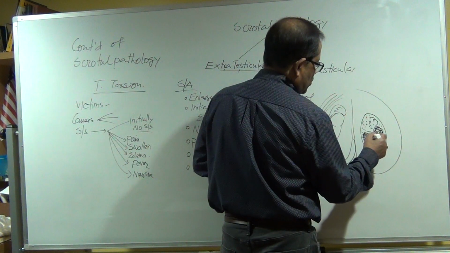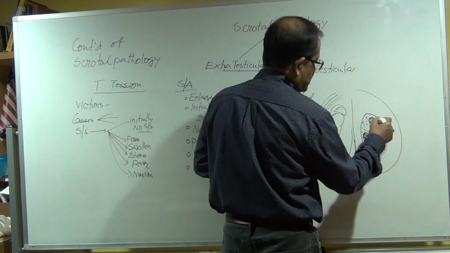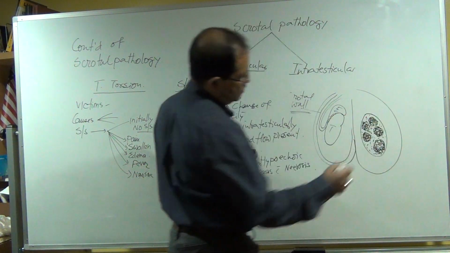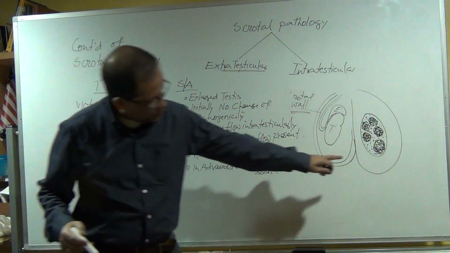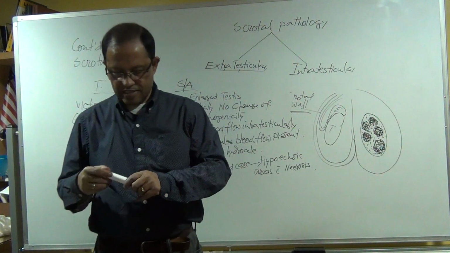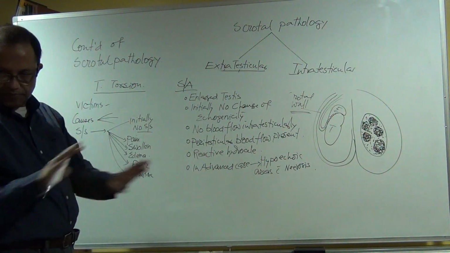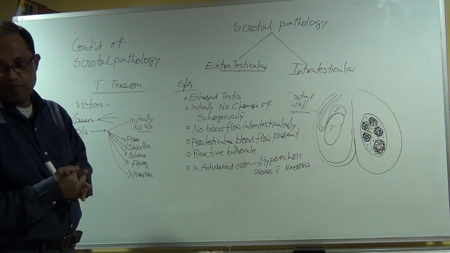More edema, more fluid lives over there. So that looks like that. If you see that, it means necrosis and cellular death are there. So it can confirm that this testis is not savable.